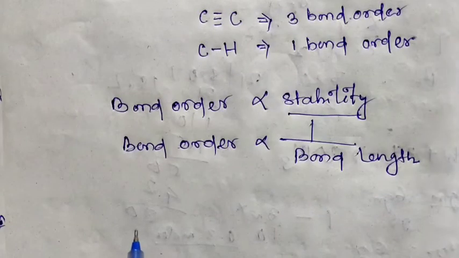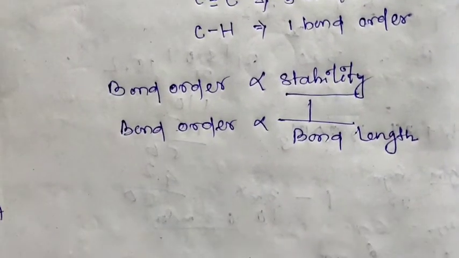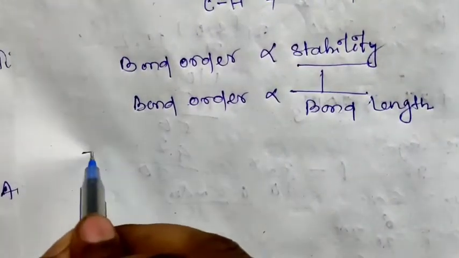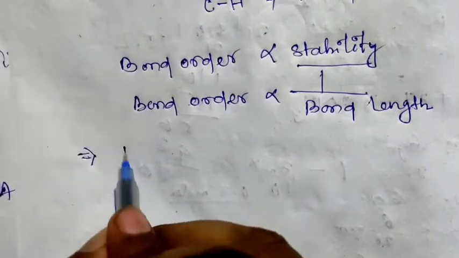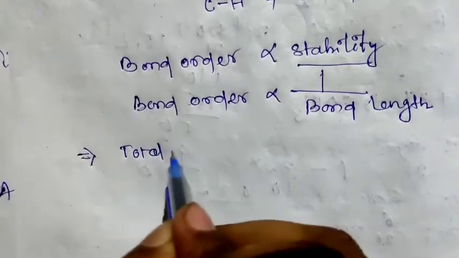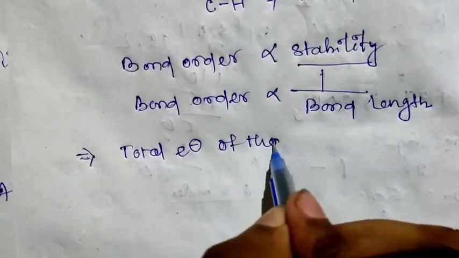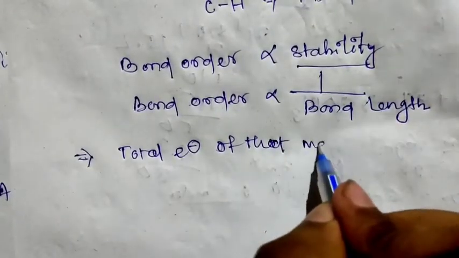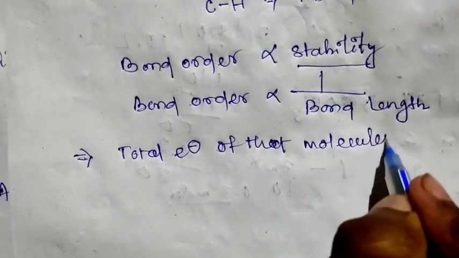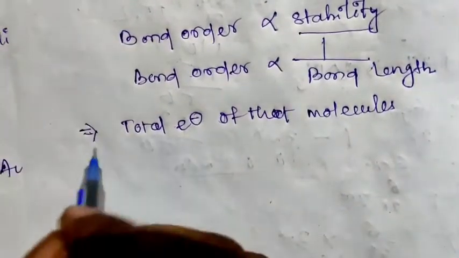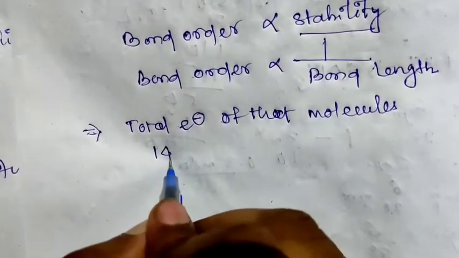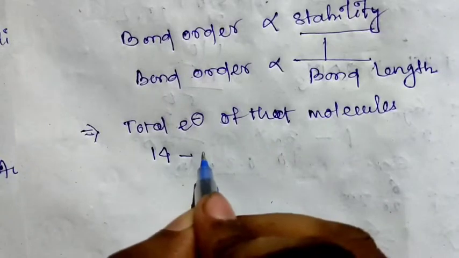Before we find the bond order, we have to remember the following facts. First, we have to calculate the total electrons of that molecule. If the total electron is 14, then the bond order is 3.